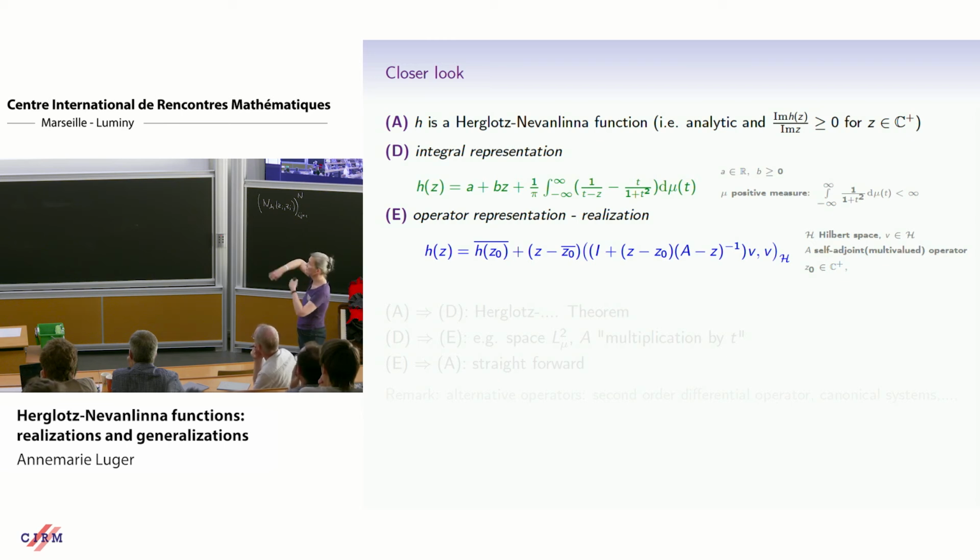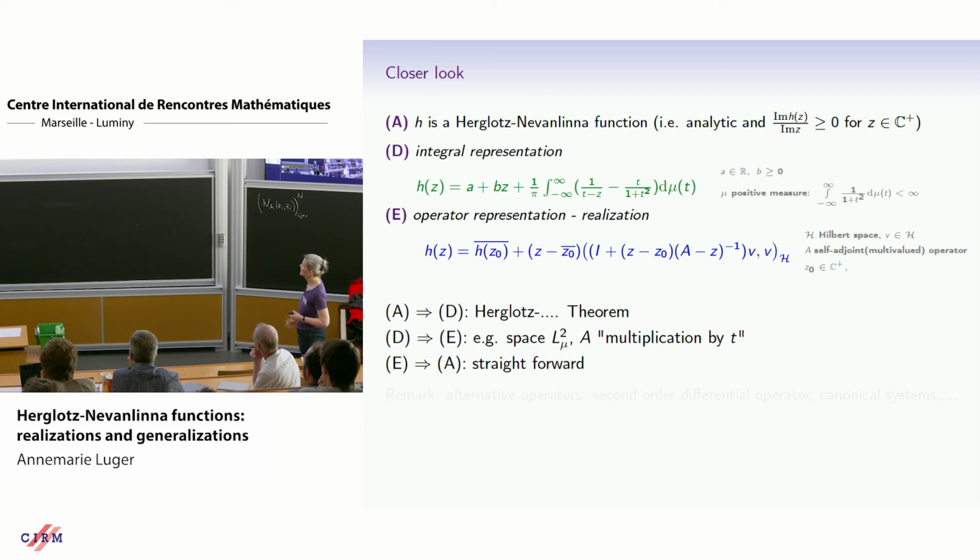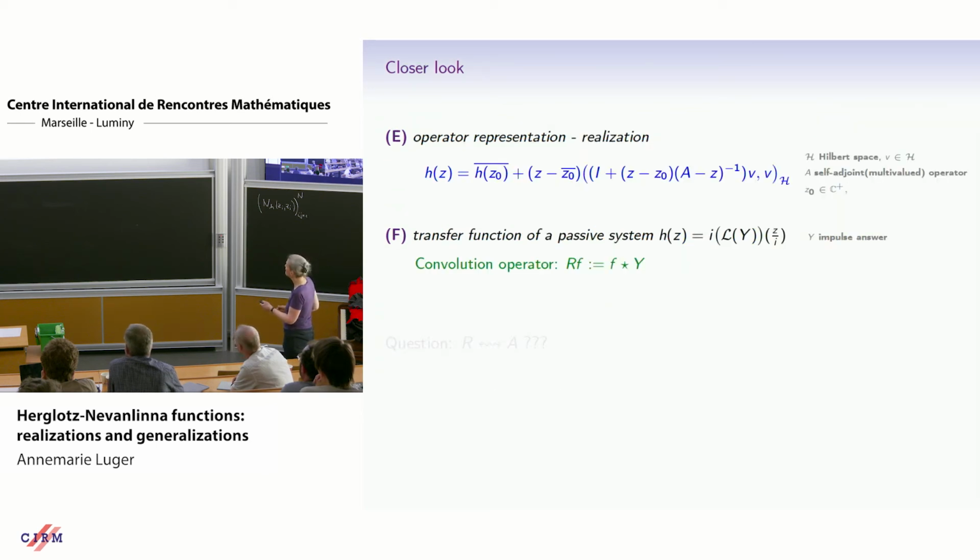So how can we see that these things are equivalent? Well, the first, from A to D, this was the theorem that I just mentioned before. So this is, so to say, the hard part. Then from D to E, it's almost trivial. So you have a very good candidate for such a space.